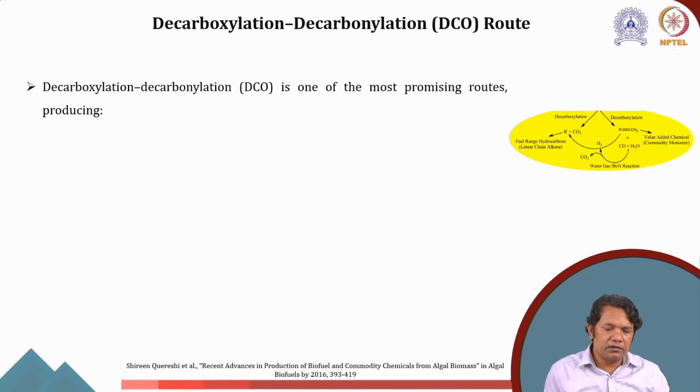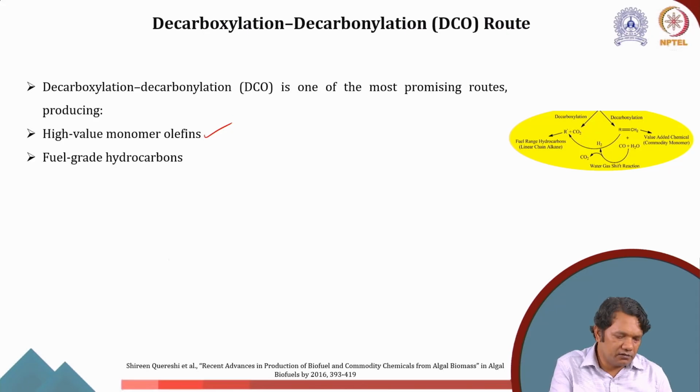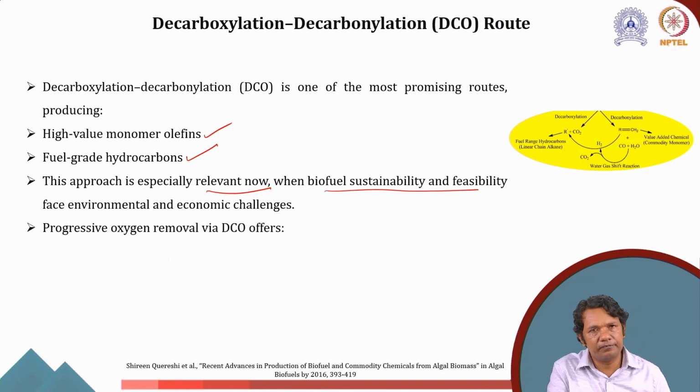If you look at decarboxylation and decarbonylation, it is one of the most promising routes for producing high value monomer olefins from the algal biomass or free fatty acids, or fuel grade hydrocarbons we can produce. This approach is especially relevant now when biofuel sustainability and feasibility face environmental and economic challenges.